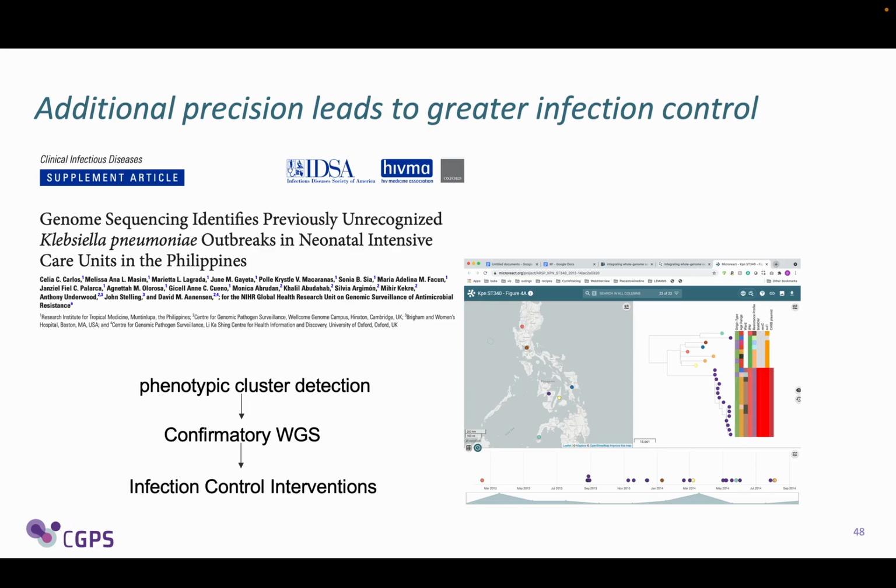It could just be that you have multiple mechanisms. However, within this manuscript, there's a description of identifying, through phenotypic cluster detection and confirmatory whole genome sequencing, the presence of long-term outbreaks of Klebsiella pneumoniae in neonatal intensive care units, which then led to infection control interventions that stopped those outbreaks happening. So it's all the way back to the hospital level implications of what can be done with the data.